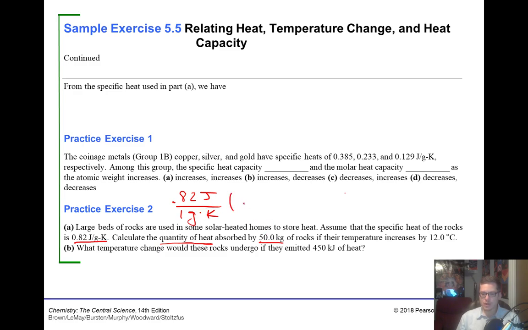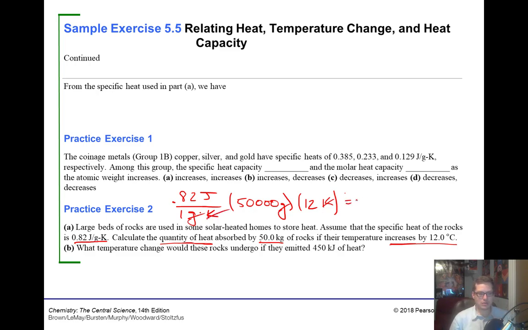So we'll multiply by grams. We have 50, and this is in kilograms, so this would be 50,000 grams. Then we need the kelvins to go away. The kelvin increase would be 12, because those are equivalent to one another. So our grams cancel with grams, kelvins cancel with kelvins.